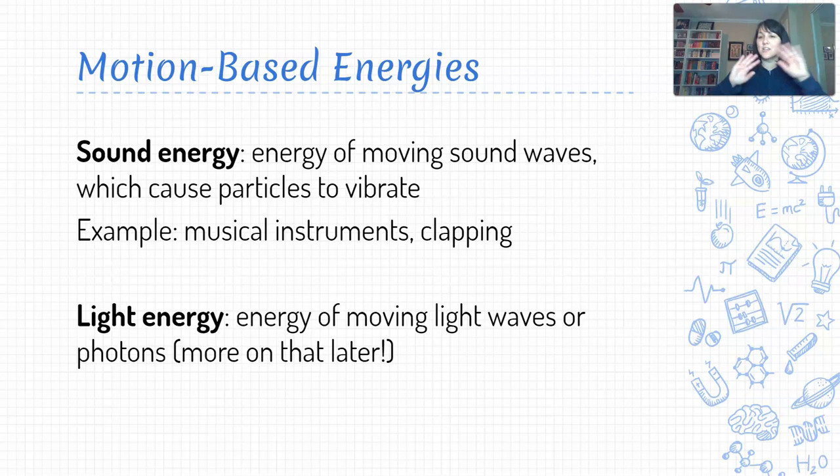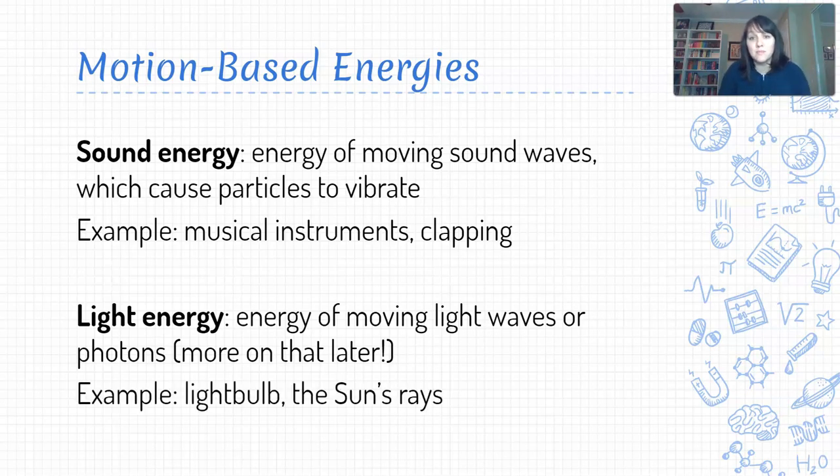And again, we're going to get into all of that in much more depth later in the semester. But ultimately, for light to propagate, something has to be moving. So whether we're talking about light bulbs, sun rays, whatever, it's all motion-based. Okay, so those 5 types of energy then all derive from the motion of objects or the motion of particles or waves in some way.